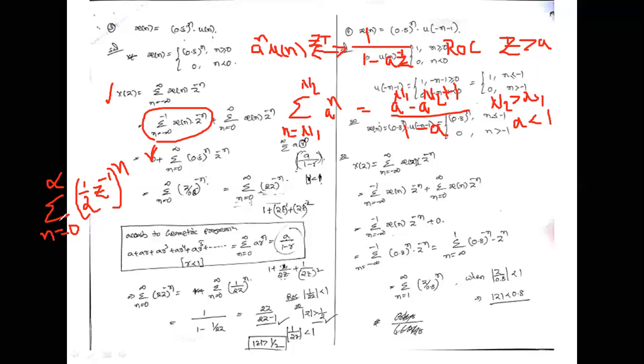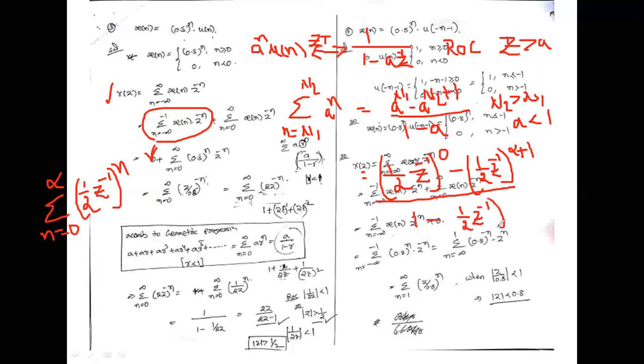Using this formula in this equation, instead of a we have 1 by 2 z inverse, n1 is 0, n2 is infinity. That is equal to 1 by 2 z inverse whole power 0 minus 1 by 2 z inverse whole power infinity plus 1, because n2 is infinite here, whole divided by 1 minus 1 by 2 z inverse.